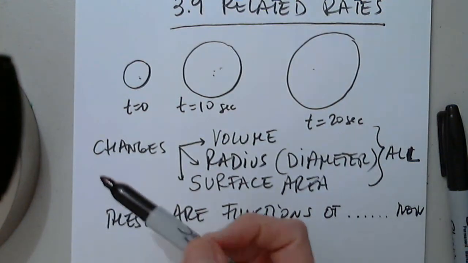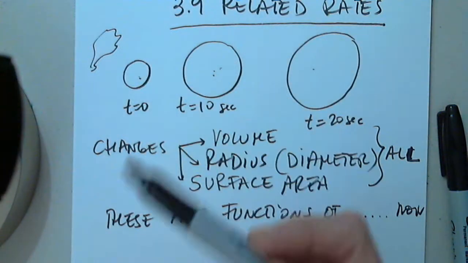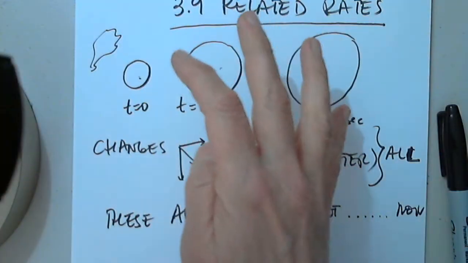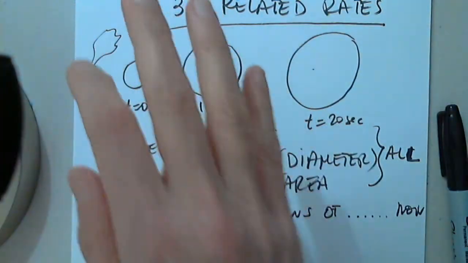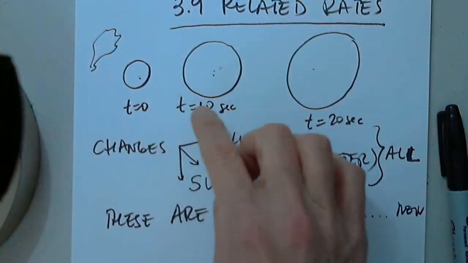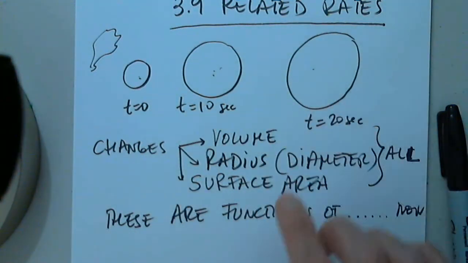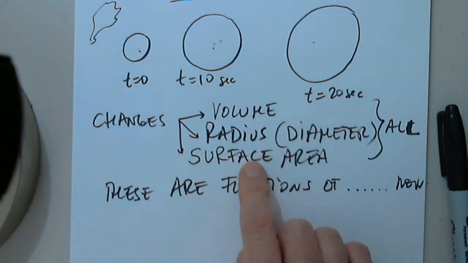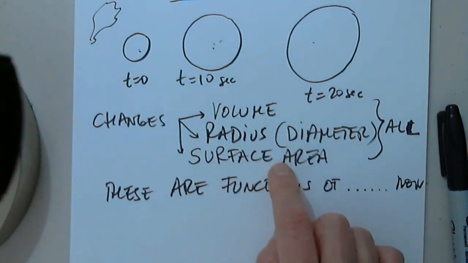They were not. If I have the balloon right here, deflated, nothing changes. The radius doesn't change, the surface doesn't change, the volume doesn't change. But as long as I pump air into the balloon, these three change. All of them, the volume, the radius, the surface area.